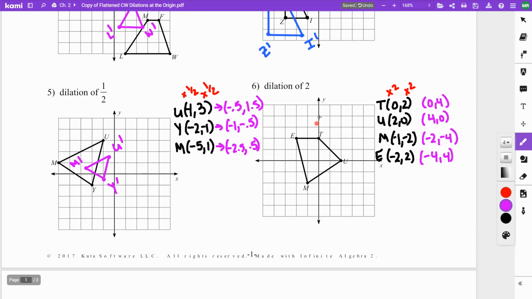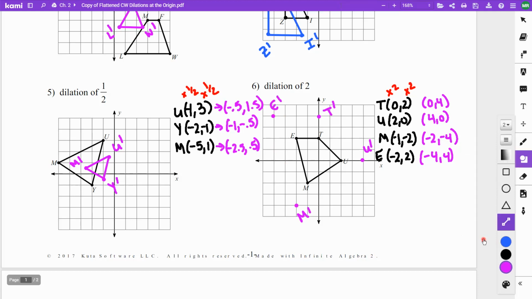So 0, 4, 4, 0, -2, -4, -4, positive 4, and this is T prime, U prime, M prime, E prime, and I'm going to connect.